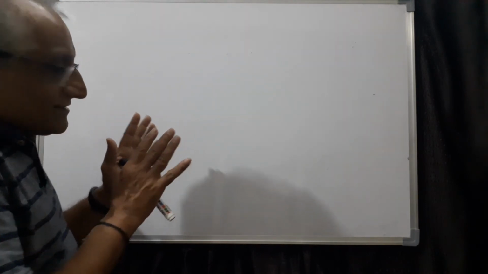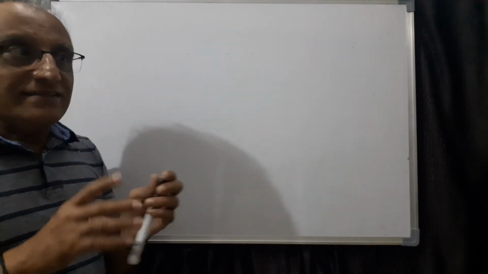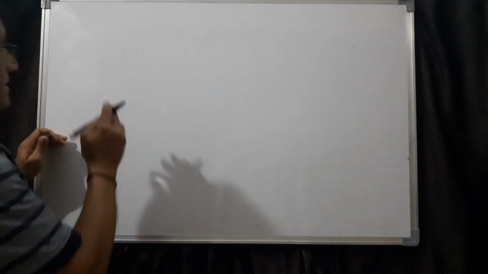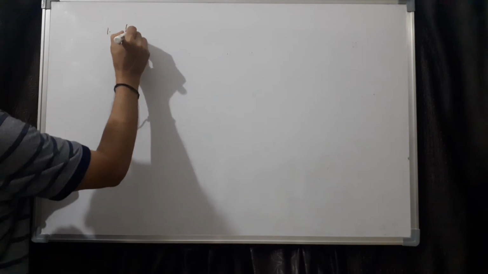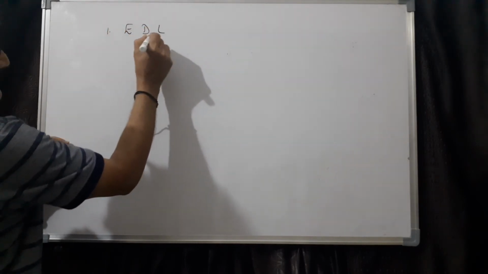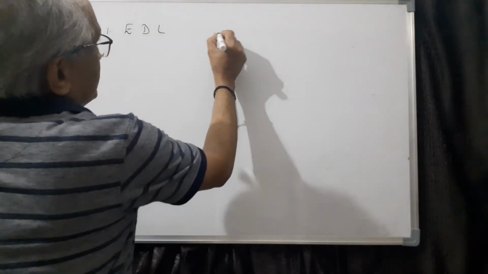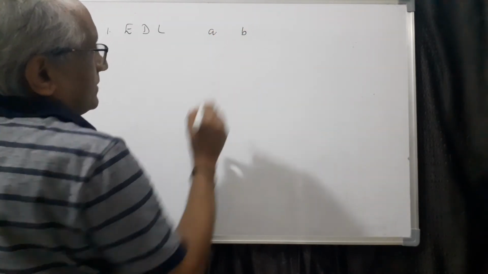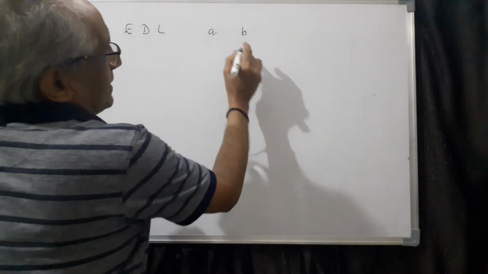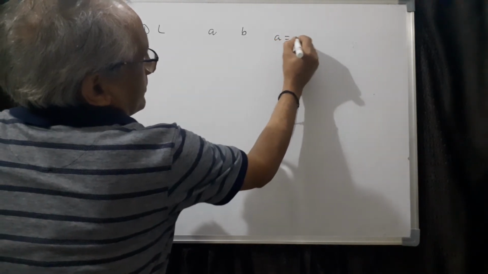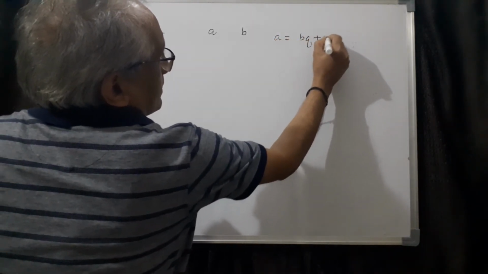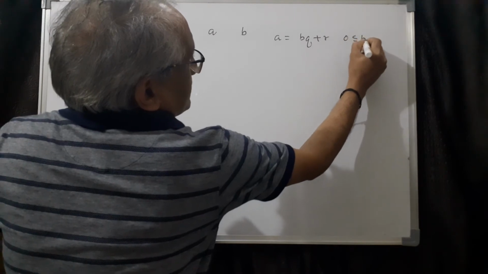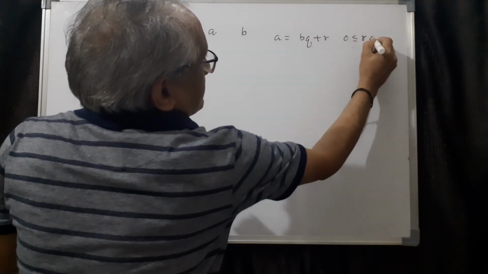Now let me first sum up all the things we have done in this chapter. The first one which we did was Euclid's division lemma. That means you can divide a given number: whenever a and b are given, a must be equal to bq plus r, where the condition is 0 less than or equal to r, less than b.